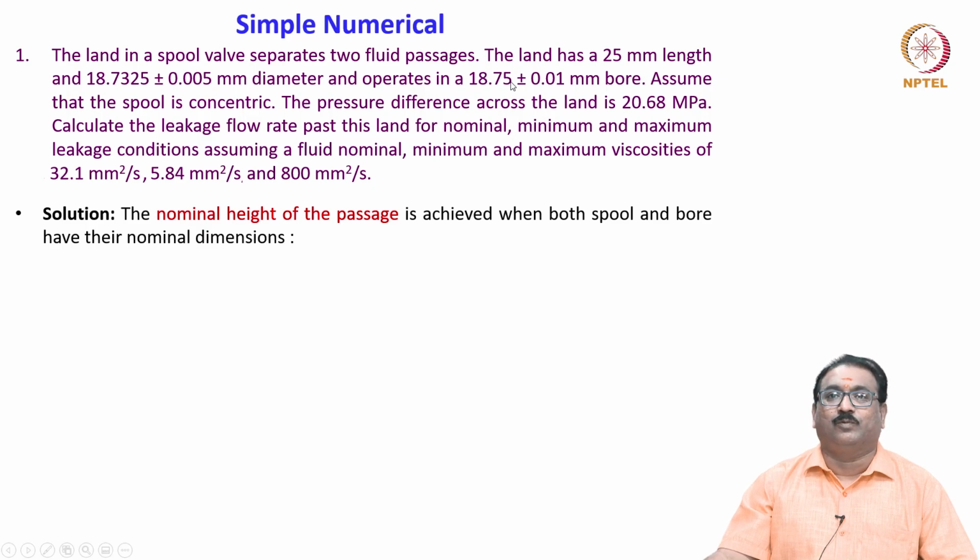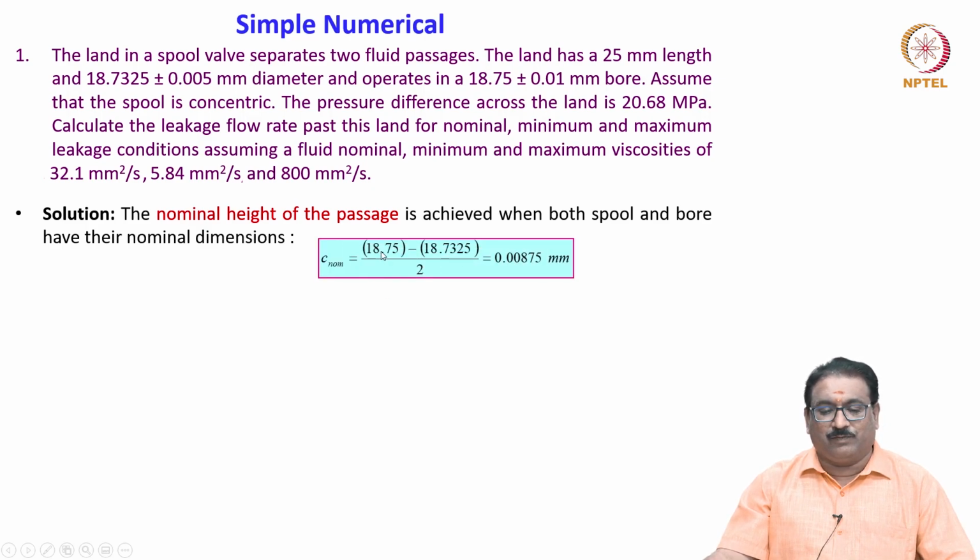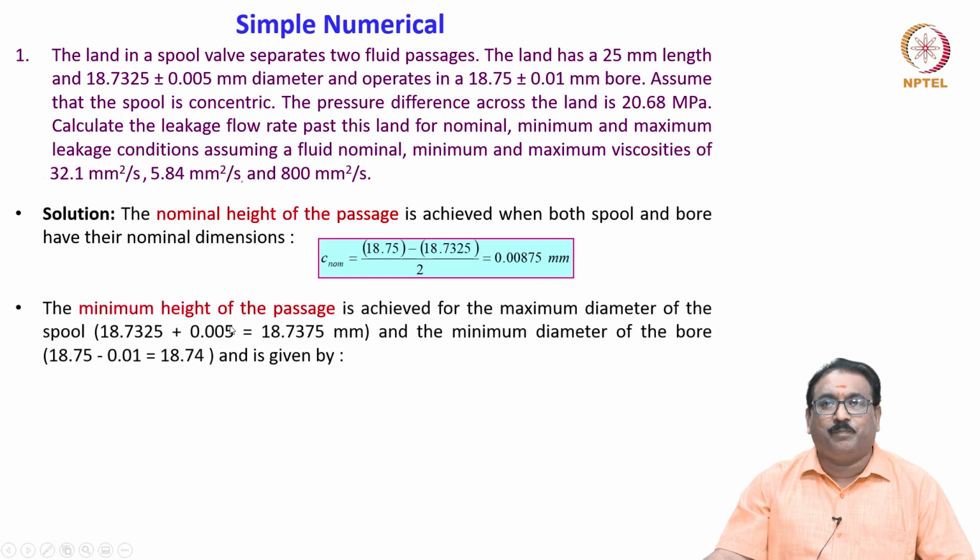Here you will see, friends, you will take directly the bore as 18.75 and the spool as 18.7325, minus, divided by 2, correct? That is the nominal height or clearance when I am considering the nominal dimensions. This is given by 0.00875 mm.